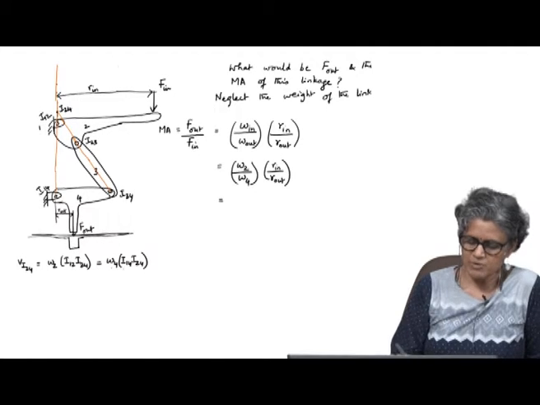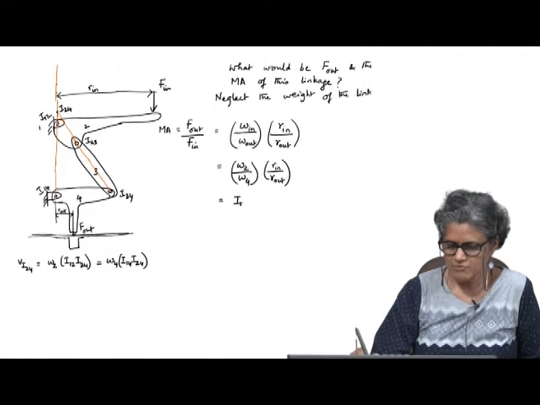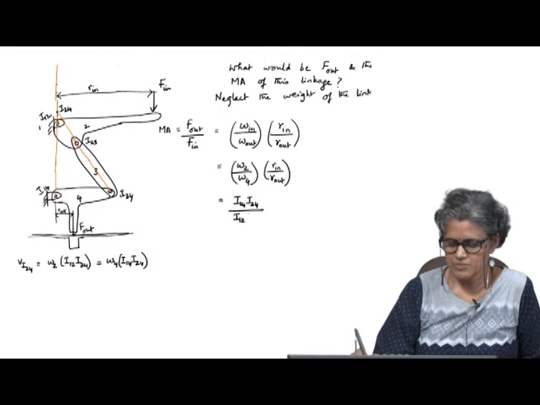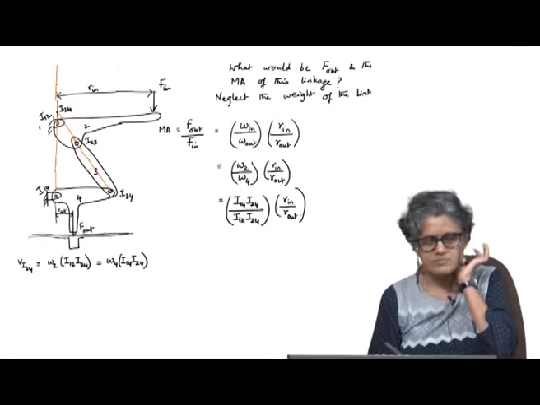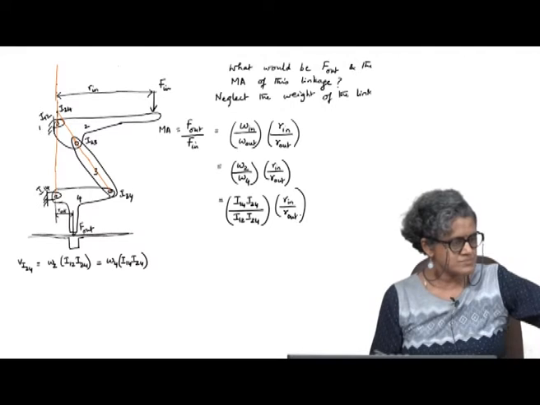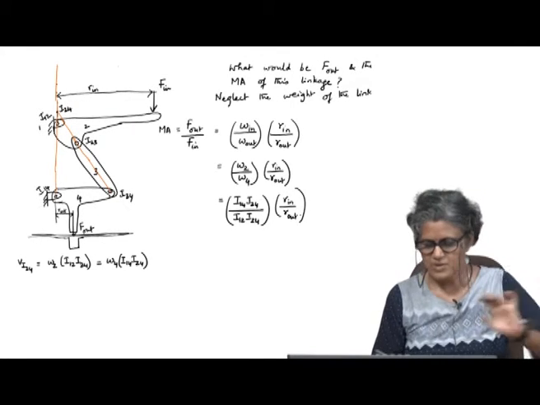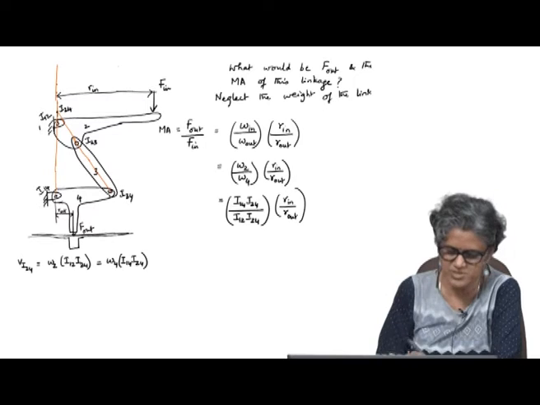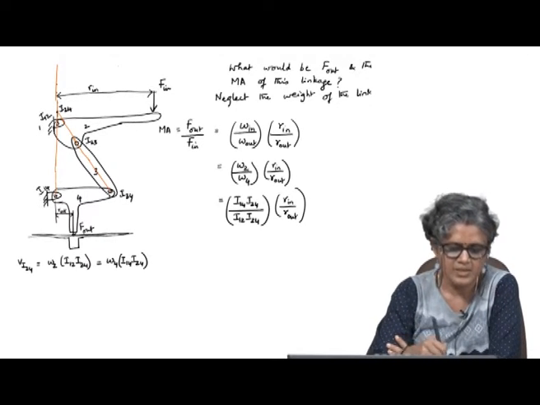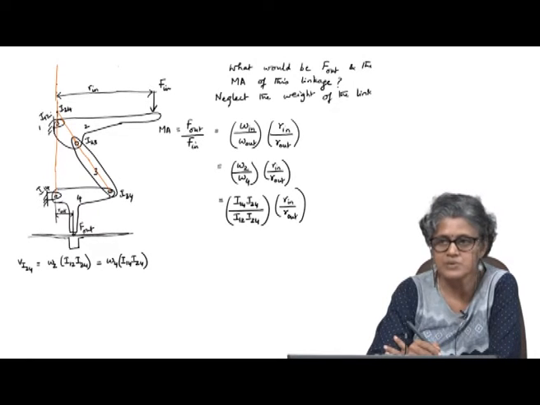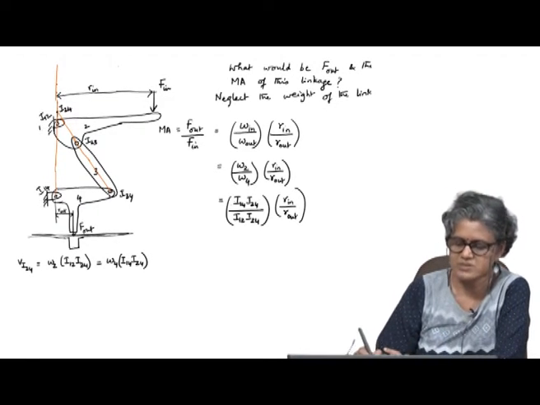So, omega 2 by omega 4 is I 14 I 24 by I 12 I 24 into R in by R out. Okay. And in this case this is positive because I 24 lies outside the line joining I 14 and I 12.